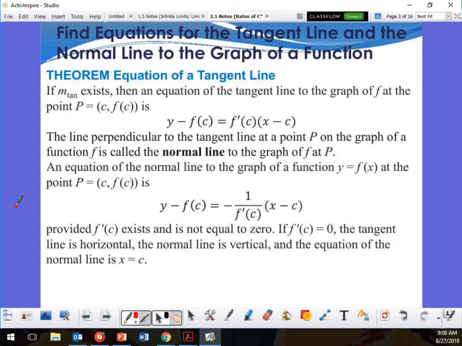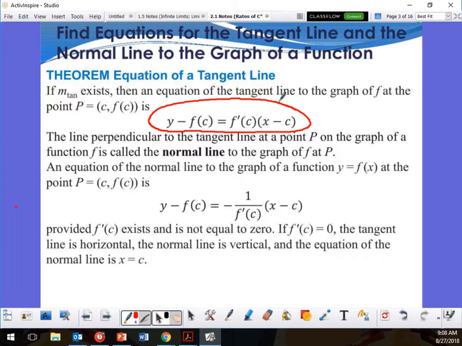If m tan exists, the equation of tangent line to the graph of f at the point P, that's going to be c comma f of c, because point P is where my x value is, and f of c is where I plug it in there to find that. So we actually have this right here, which is the point slope formula.